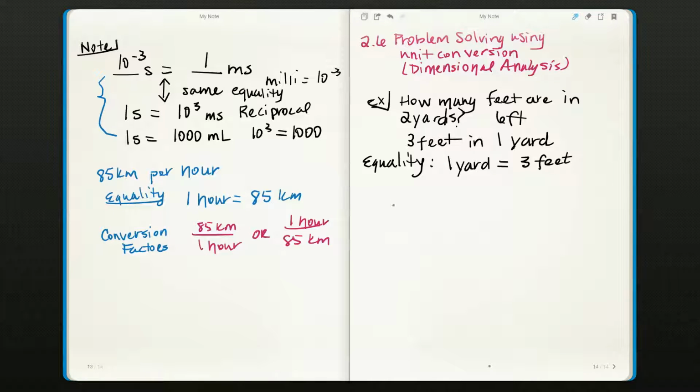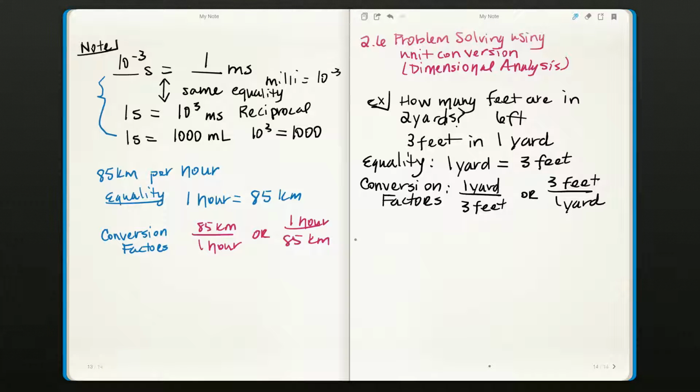Okay, so now we write our conversion factors. Same thing we've been doing. So 1 yard over 3 feet, or 3 feet over 1 yard.